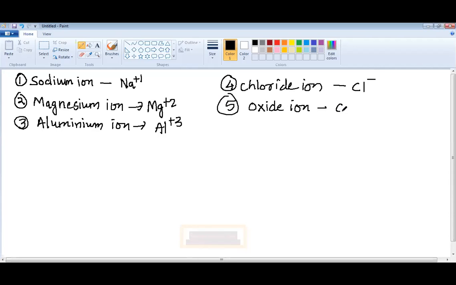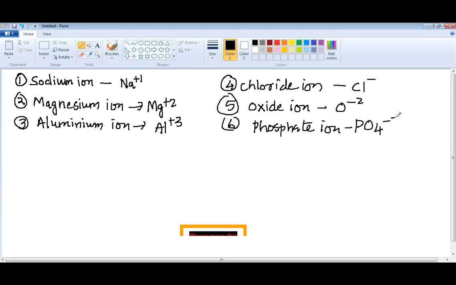When oxide ion, we write O minus 2. And then let us choose the phosphate ion, which is your PO4 minus 3 ion.